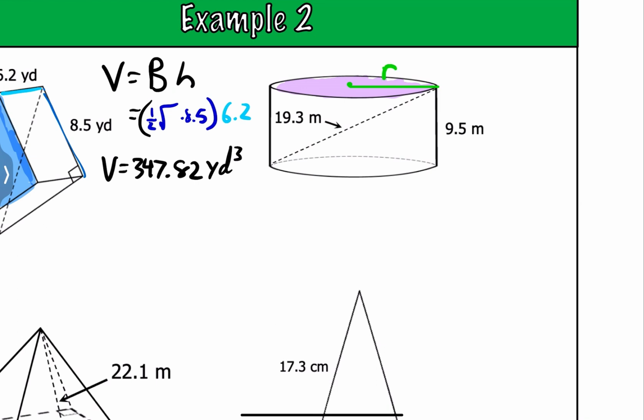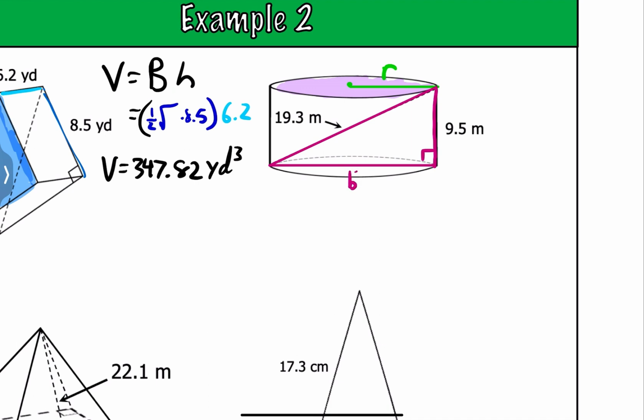So if we take a look, there's a little triangle. If we go from here through the diameter and through this height, and because it's the height of the cylinder, we know there's a right angle there. So again, we have an example of Pythagorean theorem.